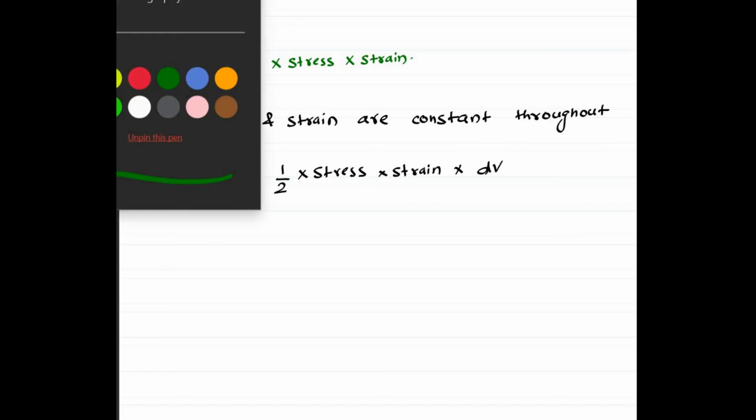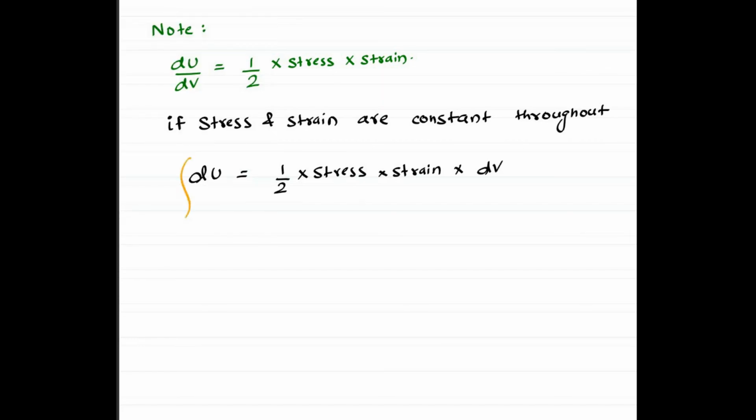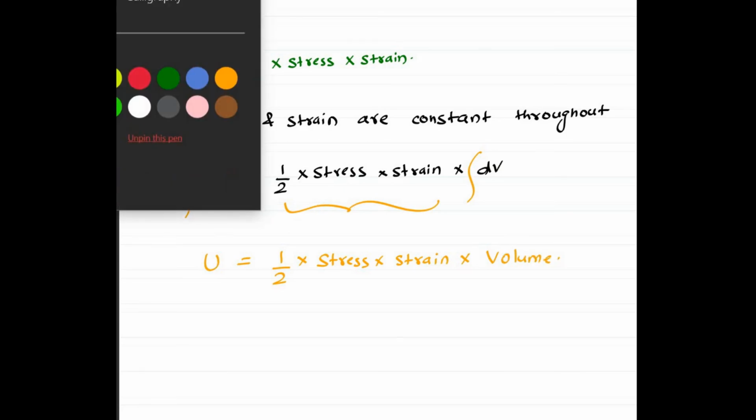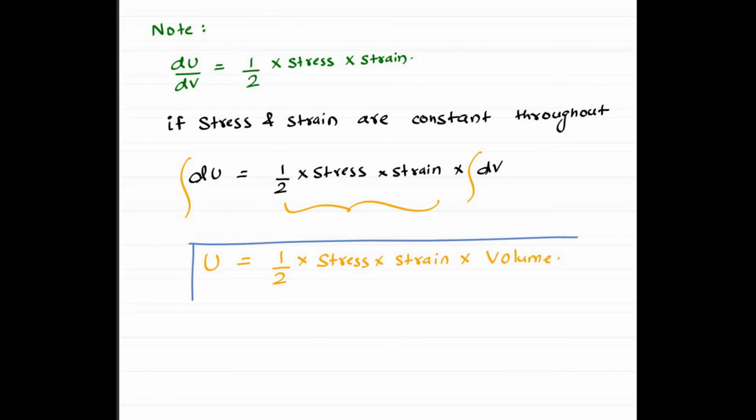And if we integrate, since stress into strain is constant, it will be out of the integration, and you can write energy stored is half into stress into strain into volume. So you don't have to perform integration if stress and strain are constant throughout the volume. If they are not constant, you have to perform the integration as we have shown in the previous question.